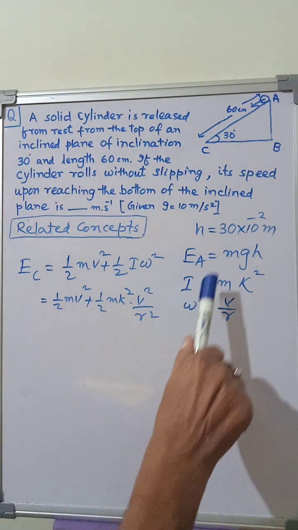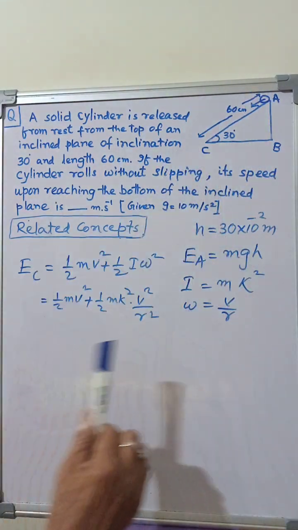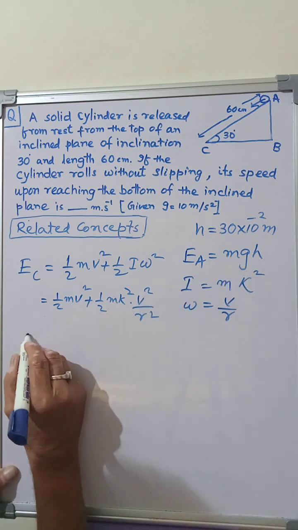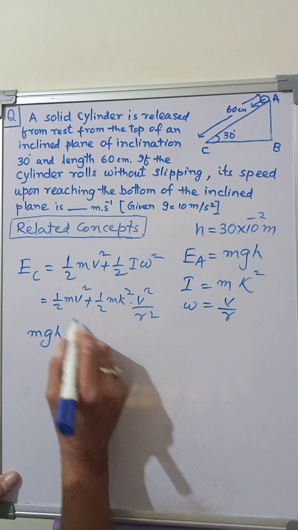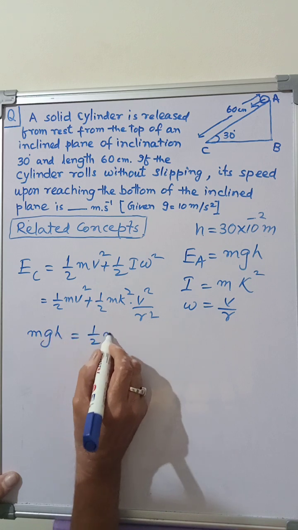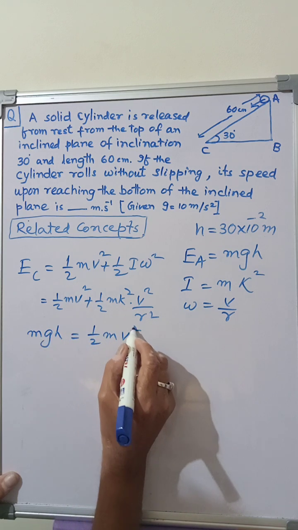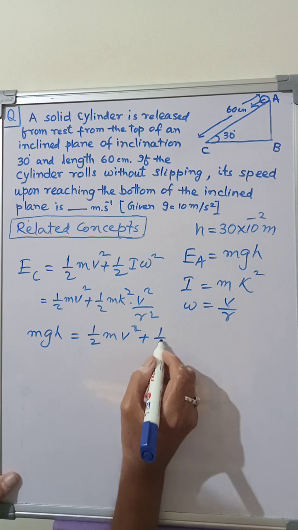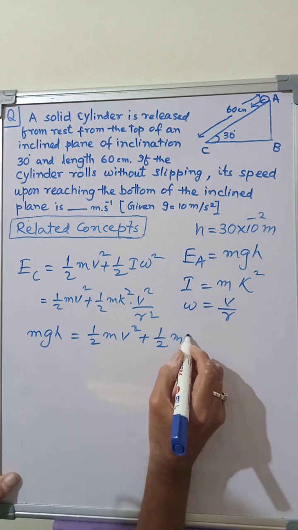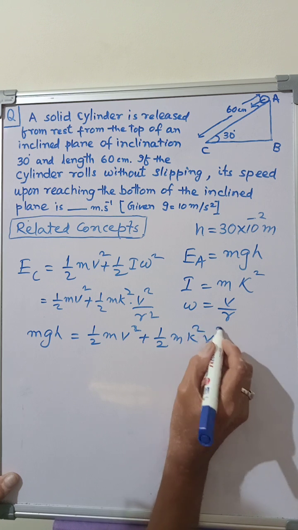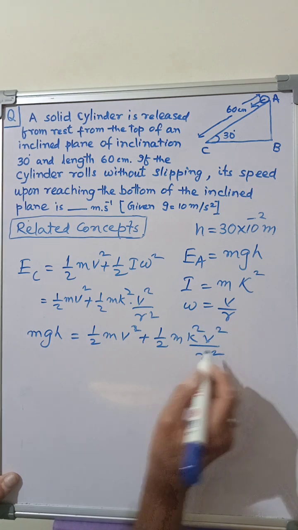Now equating total energy at A and C, we get mgh is equal to this one, half mv square plus half mk square v square by r square.